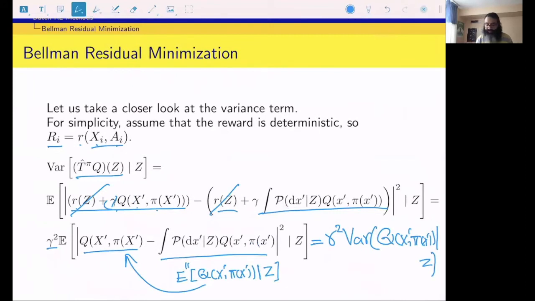The variance of the T hat pi is essentially gamma squared times the variance of Q at the next state. The randomness comes from the transition, from the x', the next state that we get, starting from point Z.